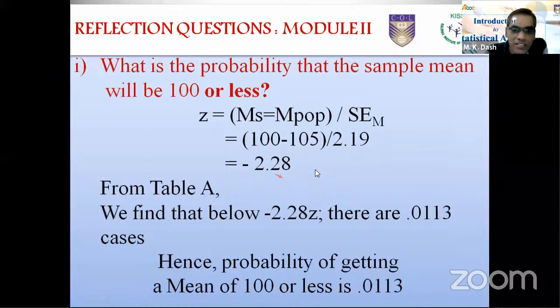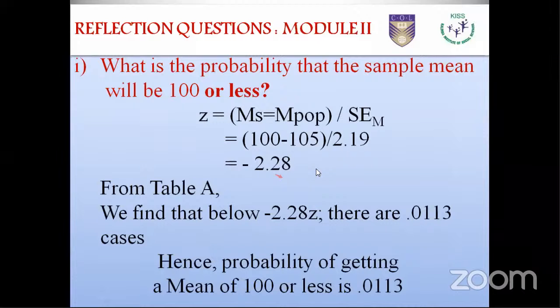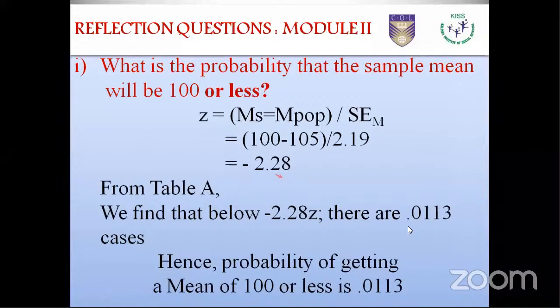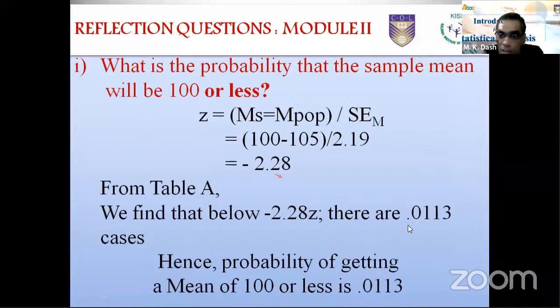Minus 2.28 means it is on the left side of the normal probability curve, left of the mean. So refer to Table A. In the table, you will not get minus 2.28 or plus 2.28. You will get 2.28. If you refer to the table, you will get 0.0113 of cases.